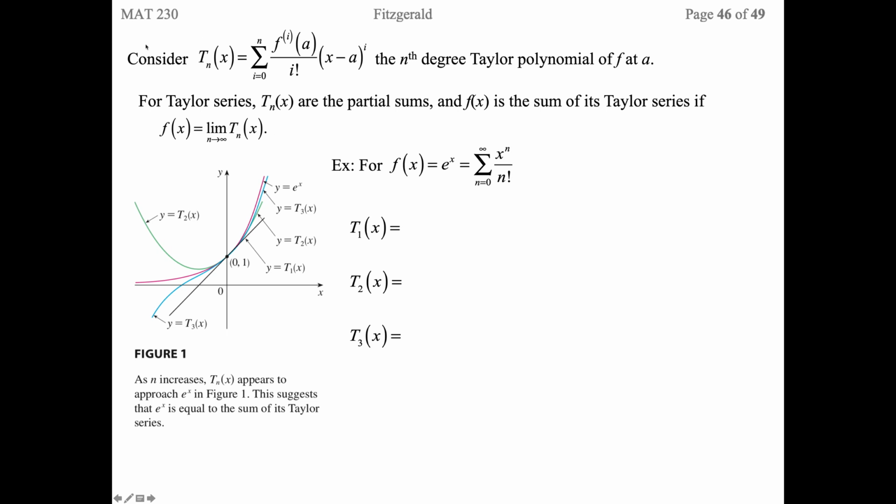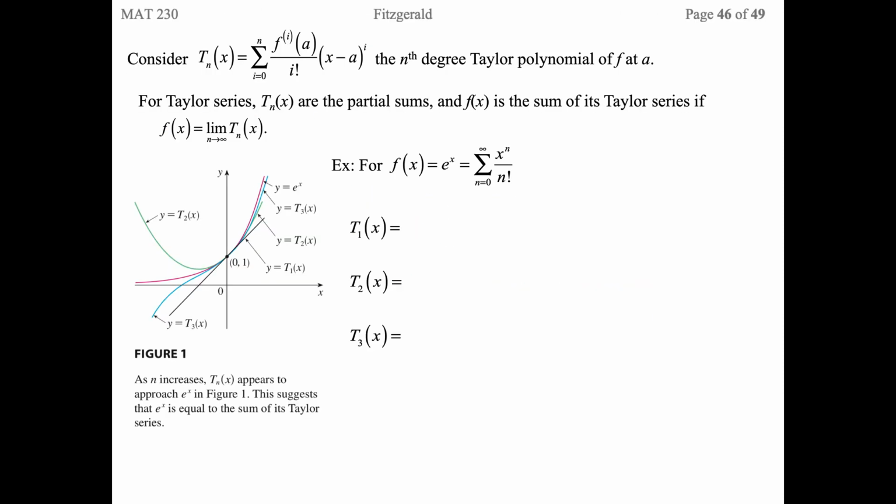All right, so let's consider, just so you can see a graphical approach of what we're doing, similar to what I showed you in the last video. Here's our Taylor series function, t sub n of x. And this is the definition for our summation for the Taylor series.